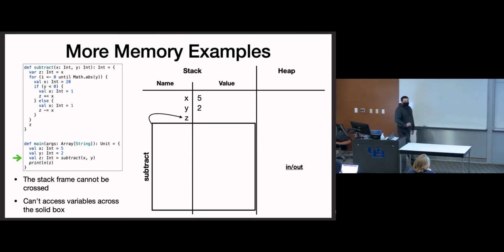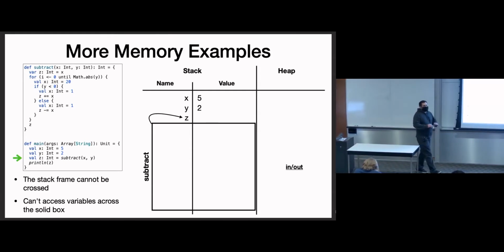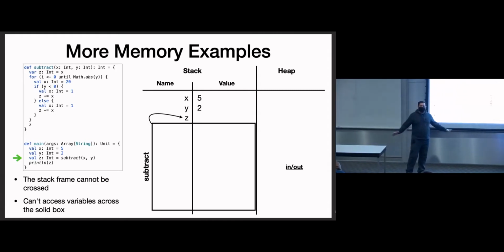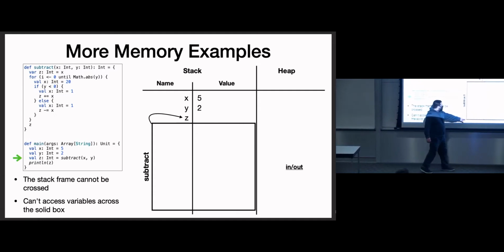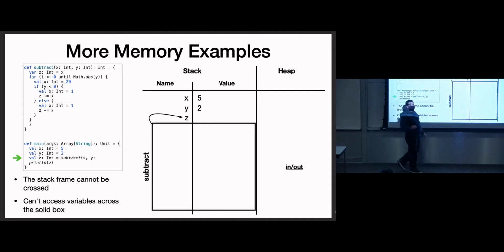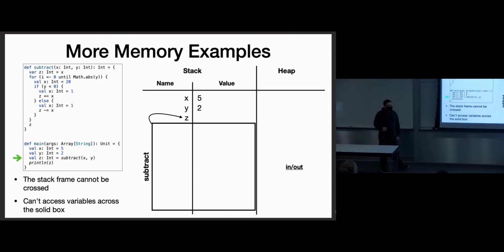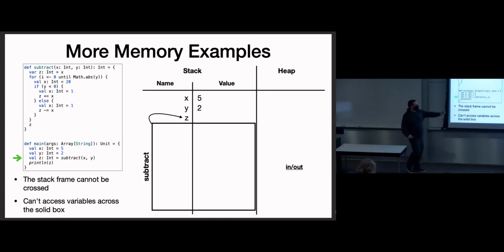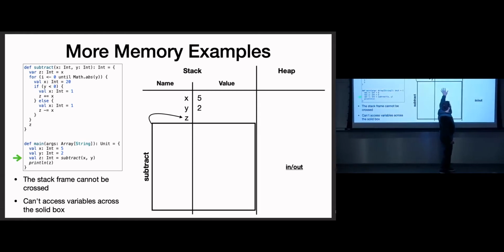We draw stack frames as a solid box to indicate that this box cannot be crossed. This is a completely separate environment. When we're inside this box, we can't access anything that's outside of that box, barring things on the heap. I shouldn't say it that strongly. Barring things that are on the heap that you have a reference to.